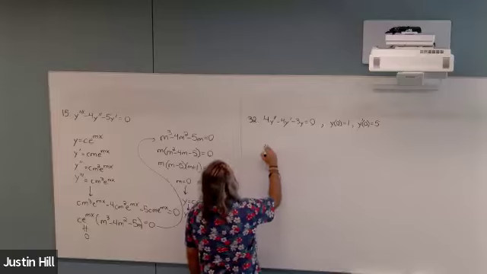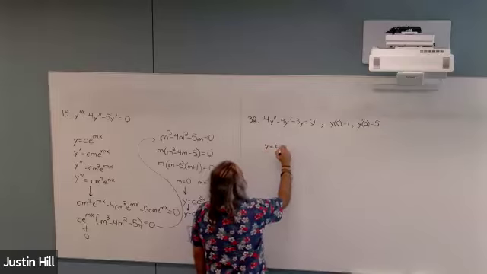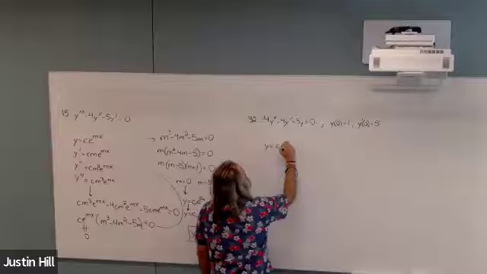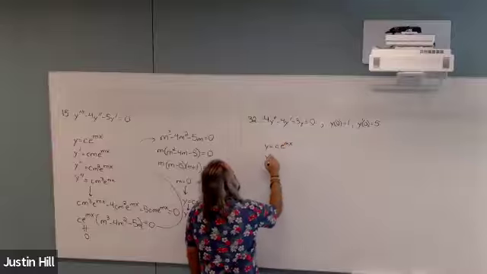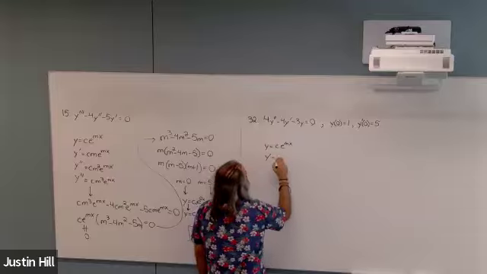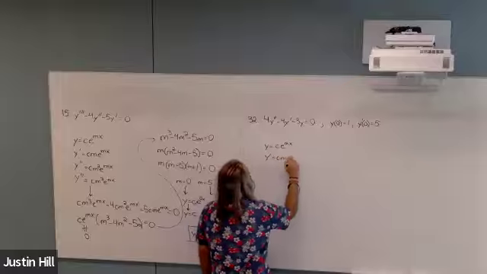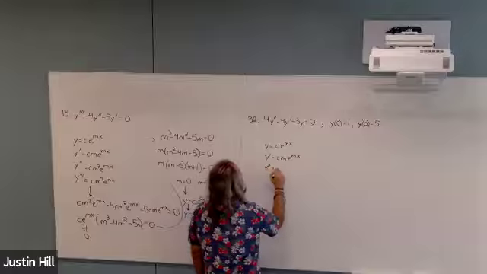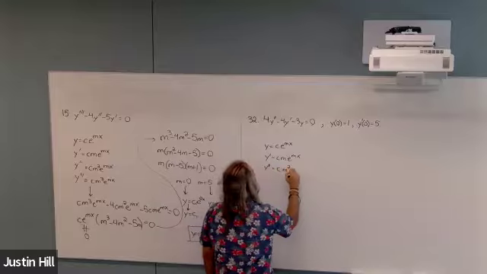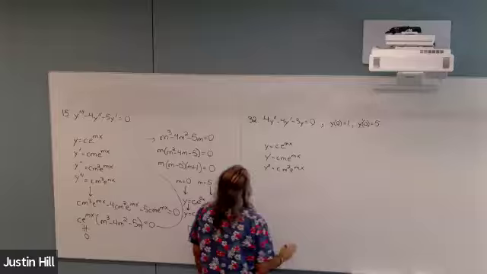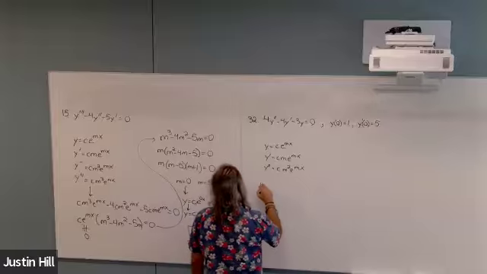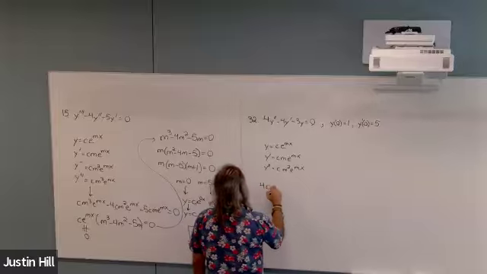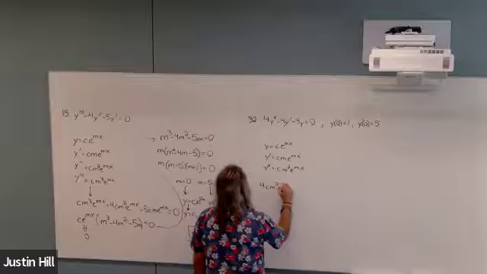But y equals c e to the mx, y prime equals cm e to the mx, y double prime equals cm squared e to the mx. So what we get then is 4cm squared e to the mx.